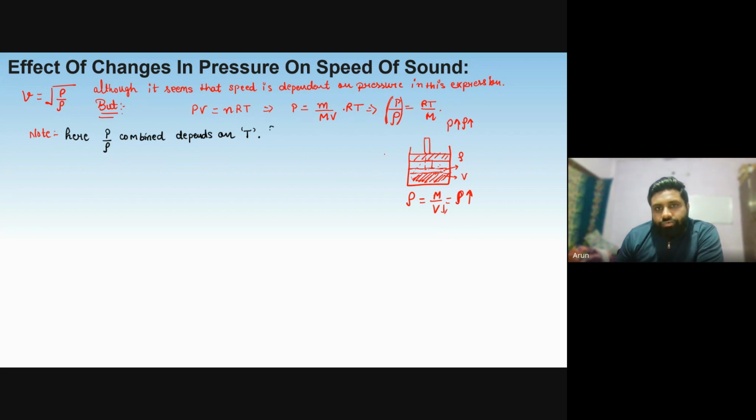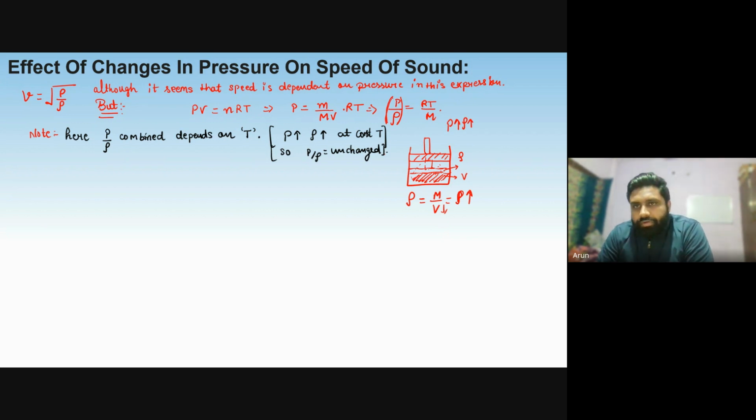And one reason you can give here is that an increase in P gives an increase in rho at constant temperature, so P upon rho is unchanged. Got it?